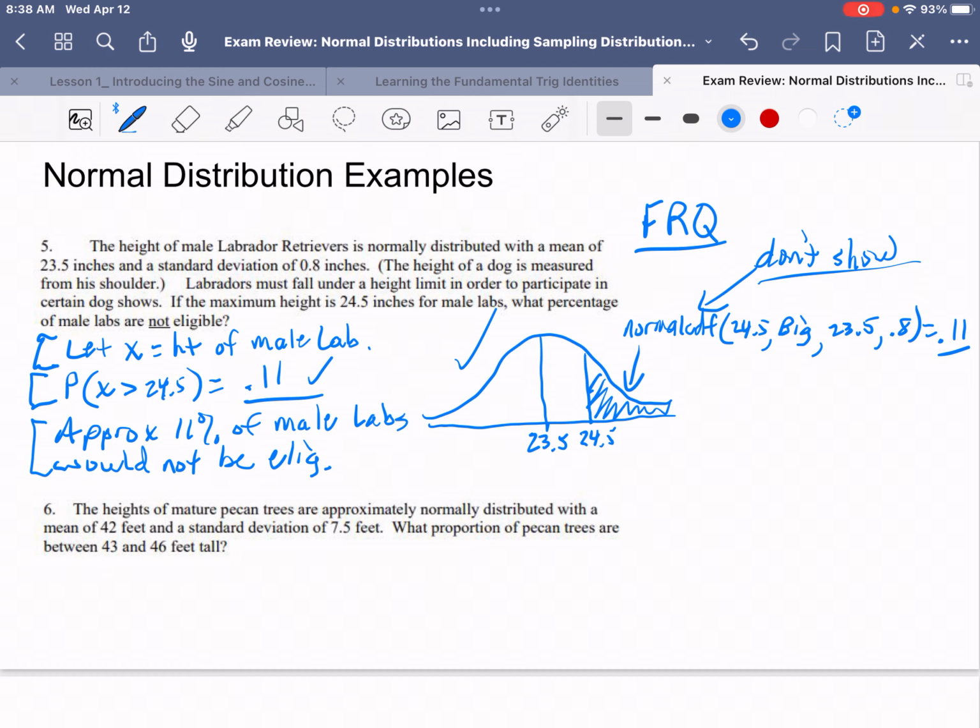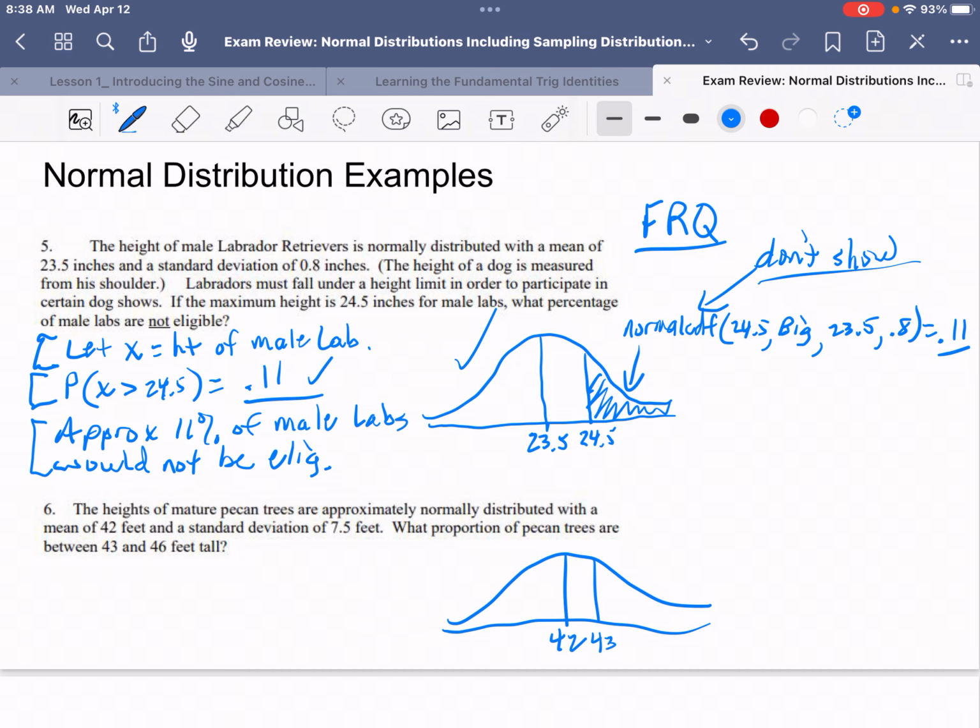The heights of mature pecan trees are normally distributed with a mean of 42 feet and a standard deviation of 7.5 feet. What proportion of pecan trees are between 43 and 46 feet tall? You would do this problem the same way as above. Draw yourself a nice picture and label the mean 42. And what proportion are between 43 and 46?